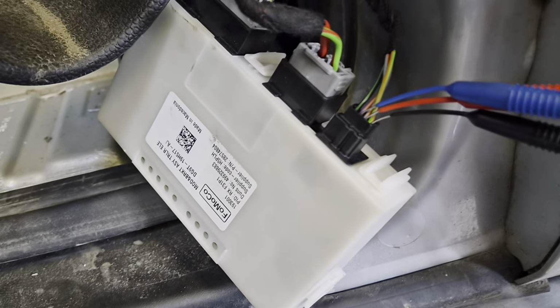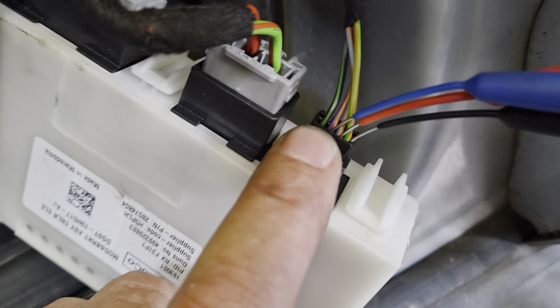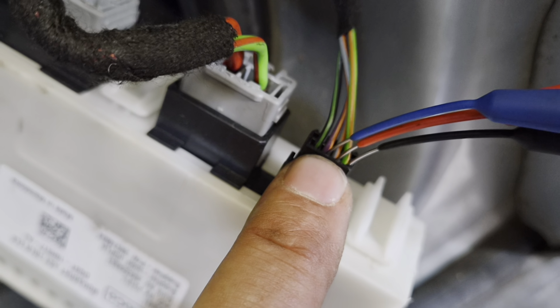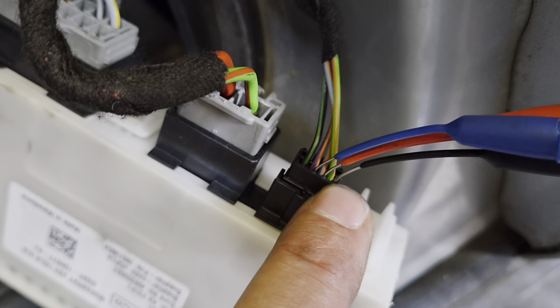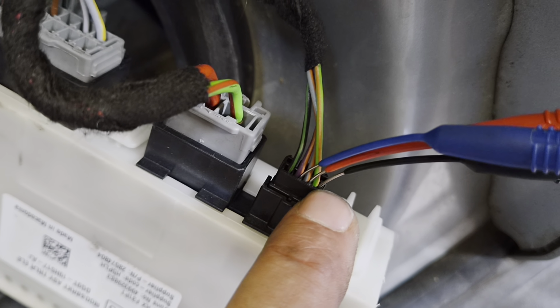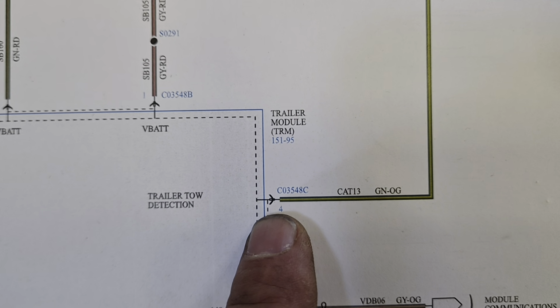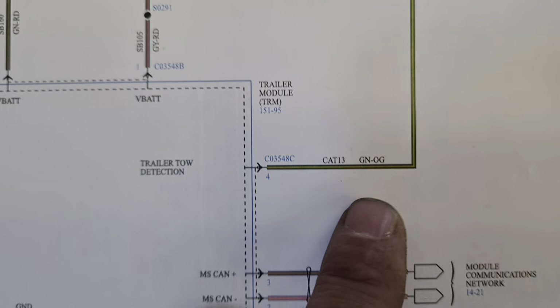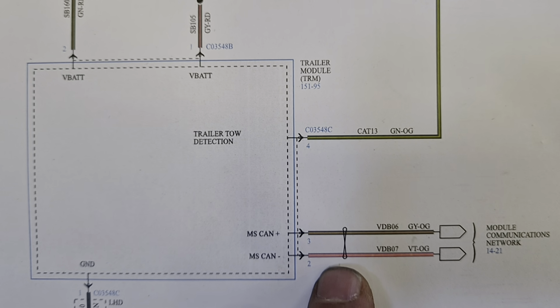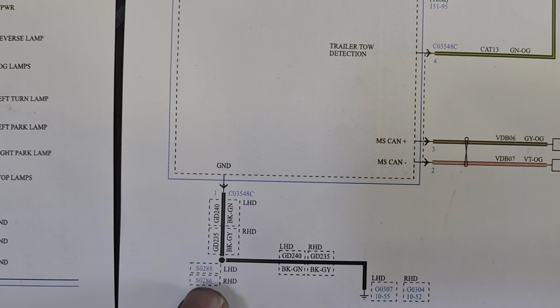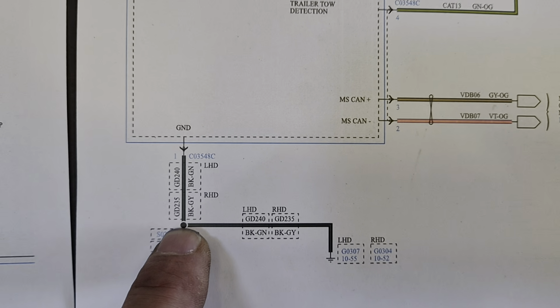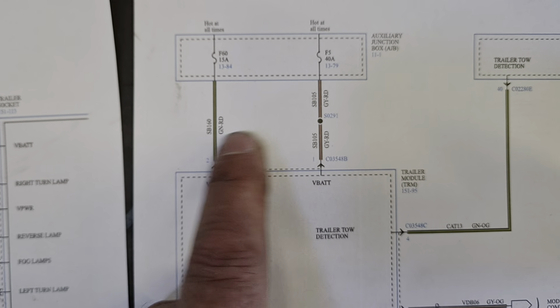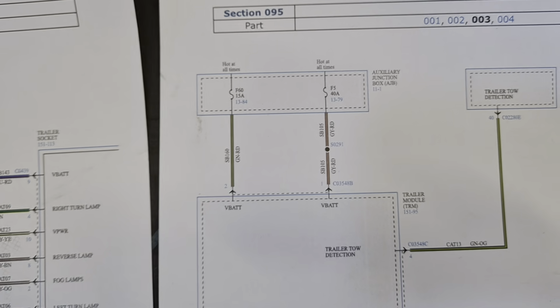Okay, in the other connector we have 2 CAN bus wires, and one wire is the trailer connection wire. This is my diagram. So this is the trailer tow detection, pin number 4, green orange, and my 2 CAN bus wires. And this is the ground that we have tested and was good, and the 2 positives, no problem.